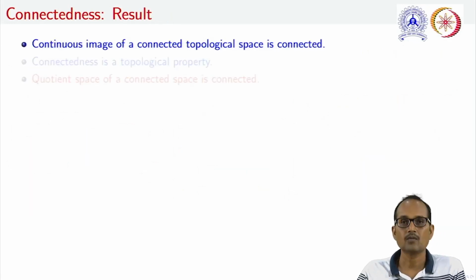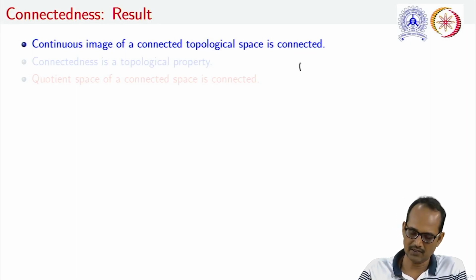Moving ahead, the above theorem can also be written as: continuous image of a connected topological space is connected, in case we are taking f(X) equal to Y, meaning to say that this f is a surjective function.